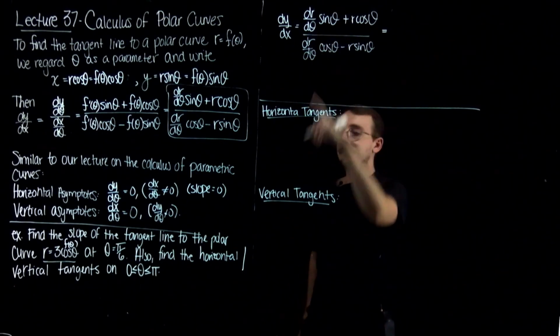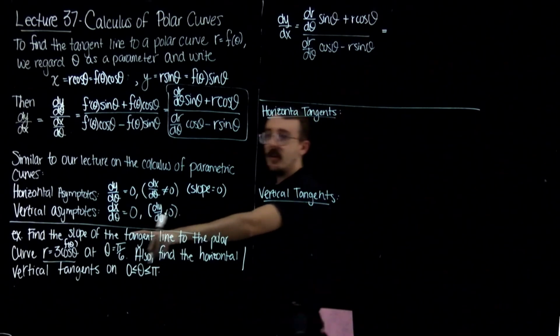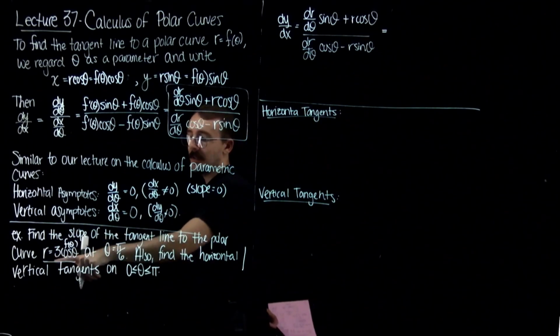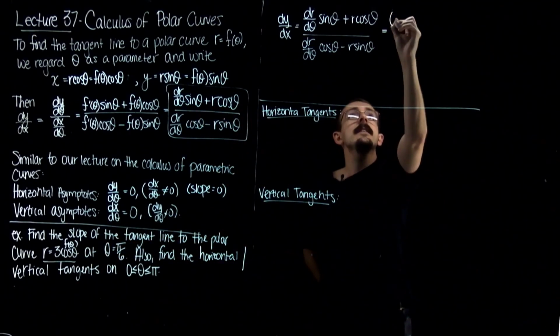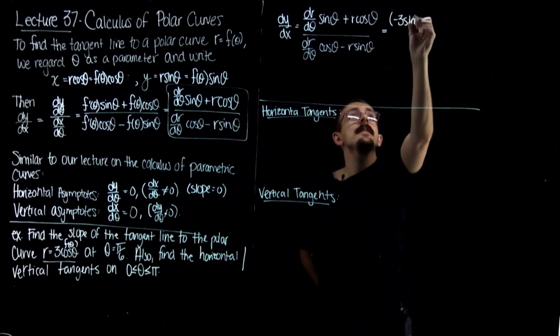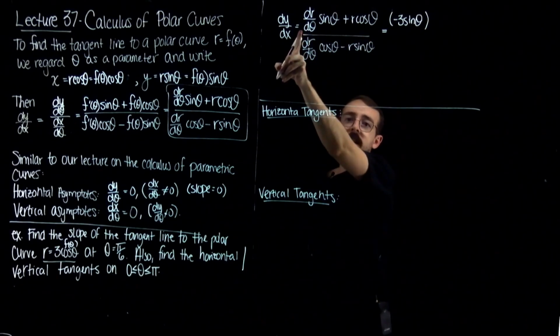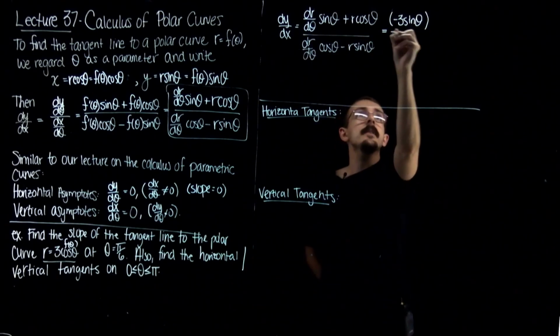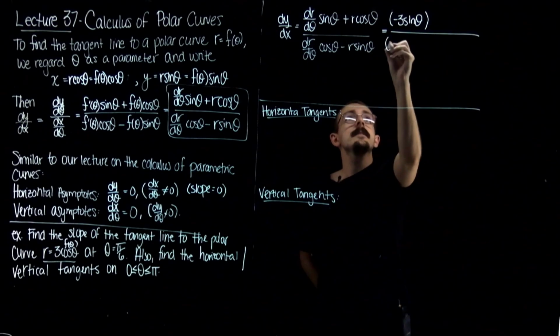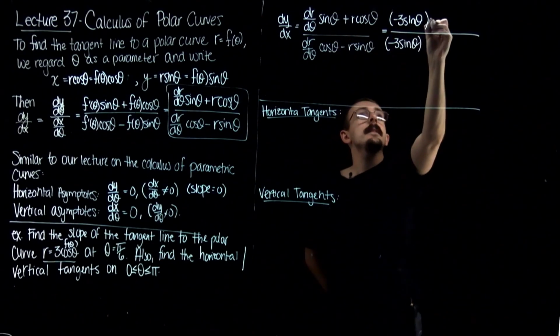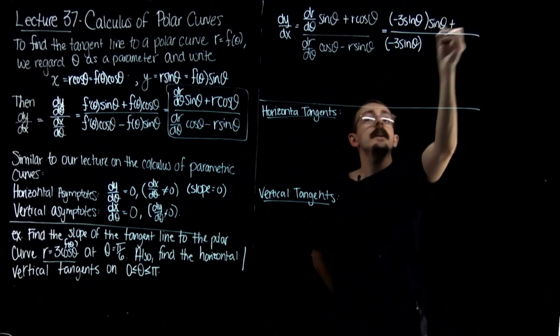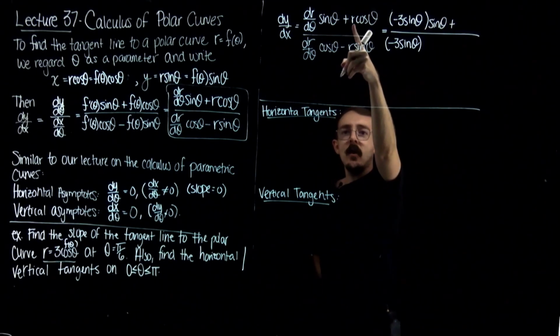What is dr d theta? That's the derivative of r right here with respect to theta. So the derivative of 3 cosine theta is negative 3 sine theta. So that's going to go in for dr d theta. And I'm going to plug that in the denominator as well because we have the same thing right there. So this is negative 3 sine theta. I'm going to multiply that by sine plus, we have to plug in what r is.